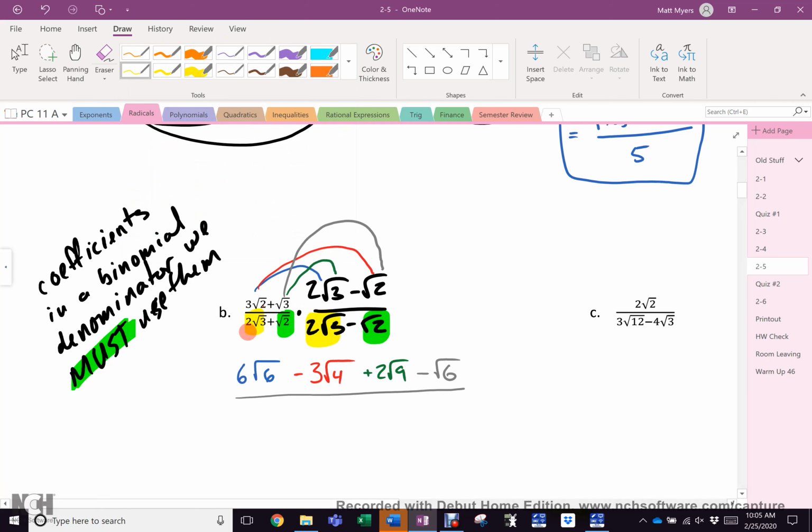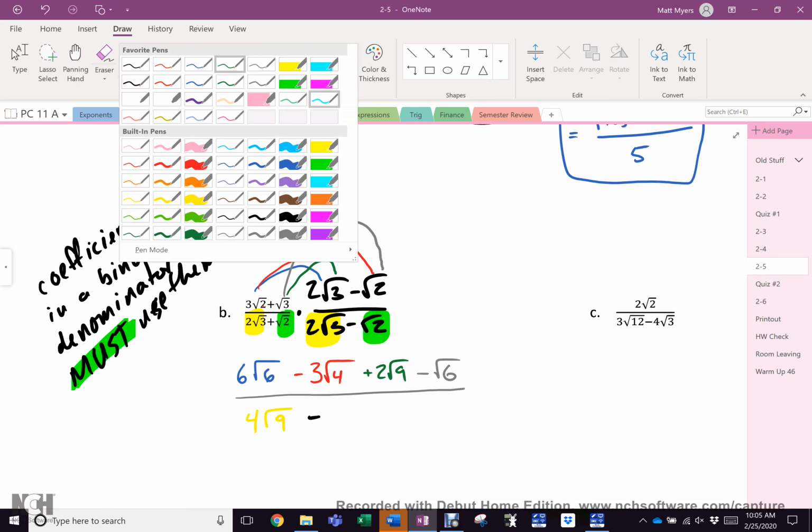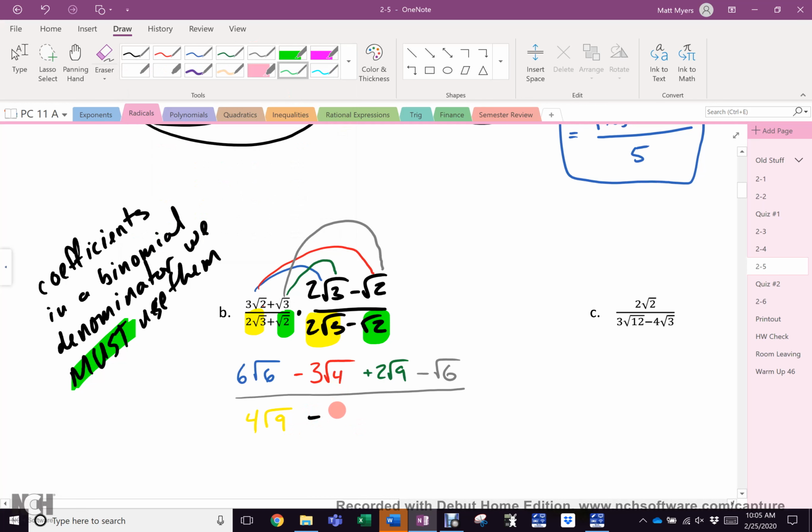So in yellow, what's 2 root 3 times 2 root 3? 4 root 9. Right? And we know it's going to be a minus, and then in green, what's this one going to be? It's going to be root 4.